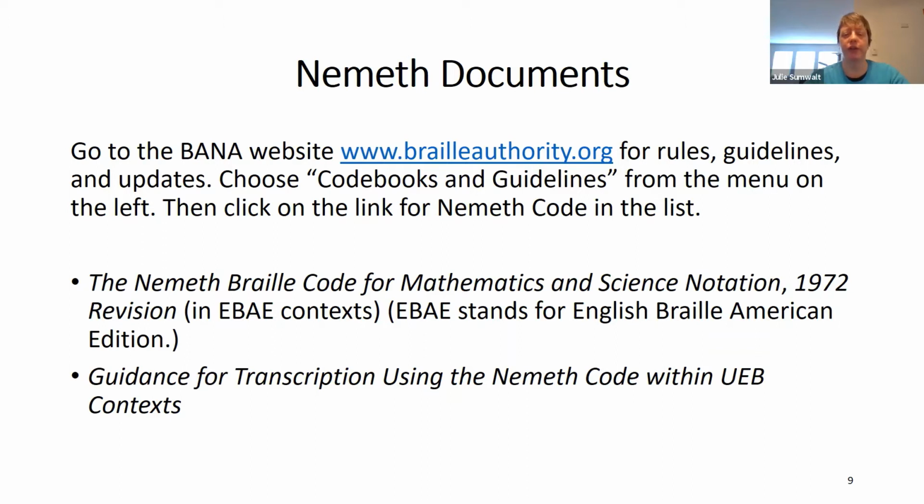Be aware that in 1972 there was no UEB, so that document is in the old code, which is EBAE. That stands for English Braille American Edition. You will also want guidance for transcription using the Nemeth Code within UEB context. That will help give you guidelines for incorporating Nemeth into UEB.